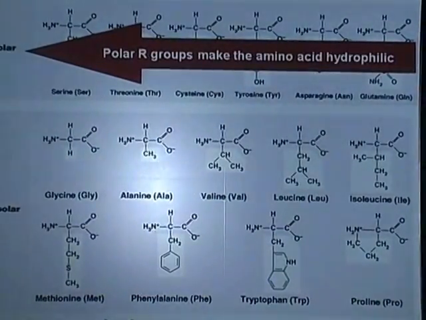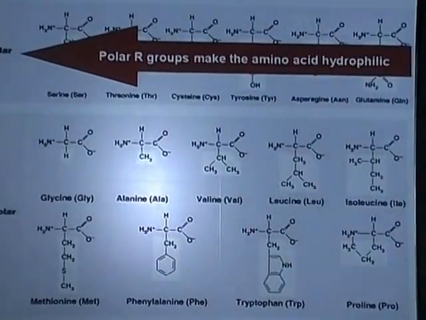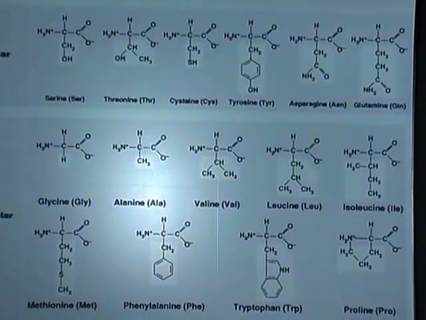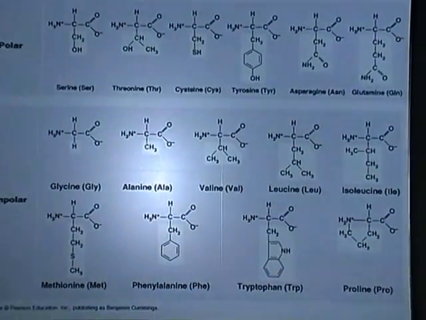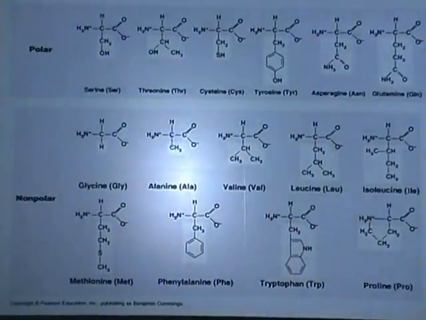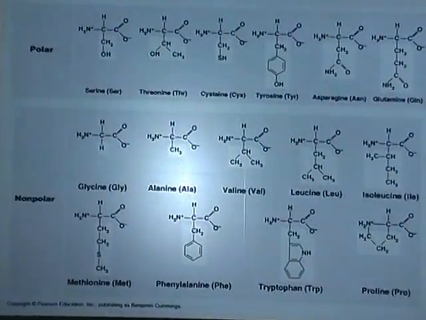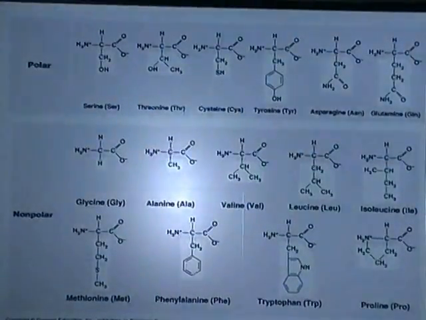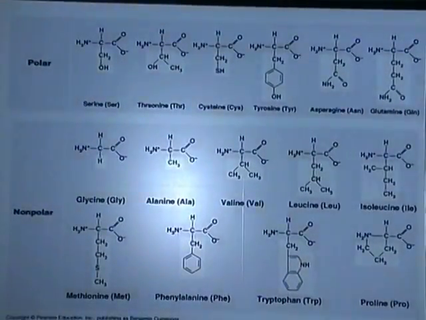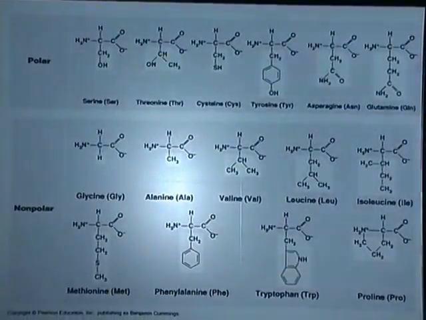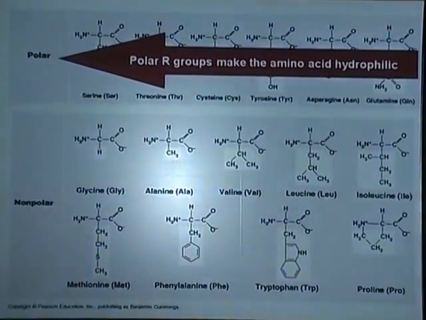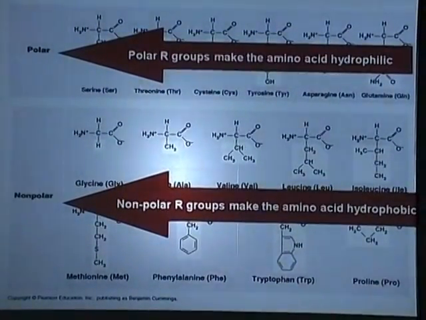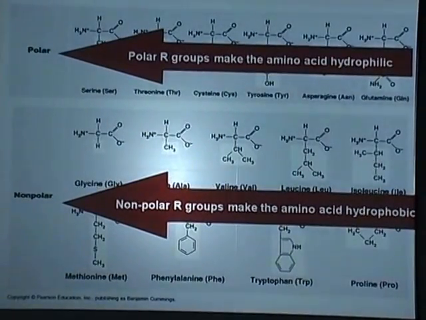Because they have a side chain with some polar groups, SH, OH. Oxygen, nitrogen, they are polar. That is why they are called polar. Similarly, there are non-polar groups. This group is called the R group.